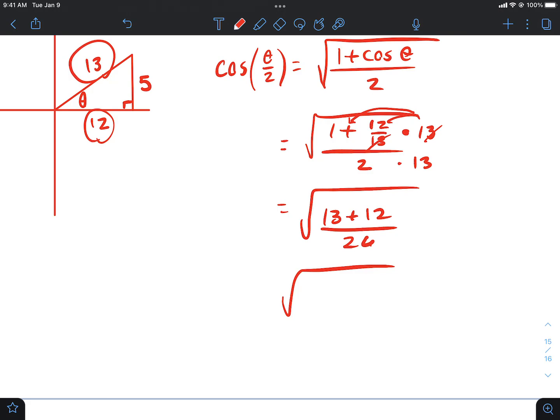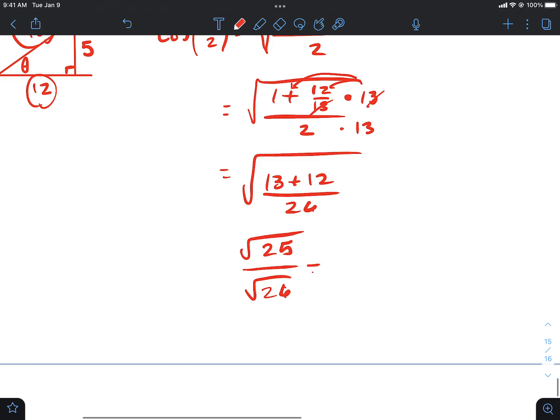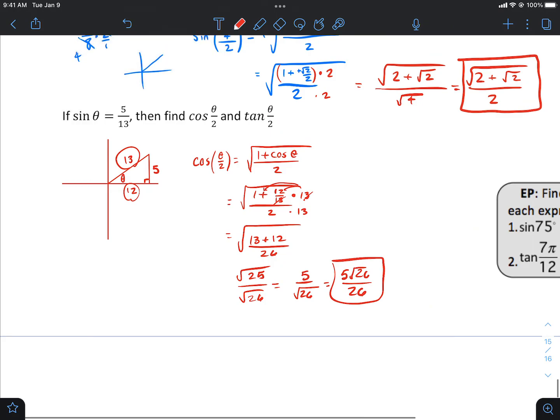You start to simplify past that, that'll be root 25, and then over root 26. And it just so happened that root 25, that's a perfect square. So we can say that's 5 over root 26. And then we can rationalize by multiplying top and bottom by square root of 26. And that would be for cosine right there.